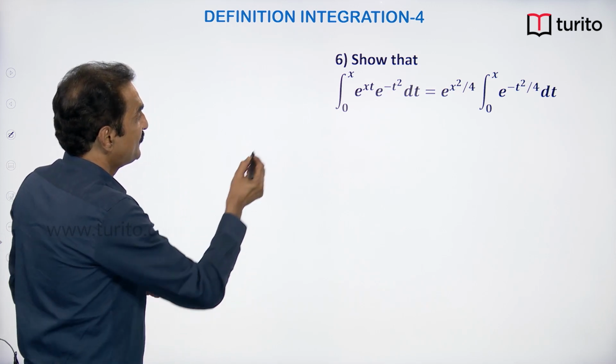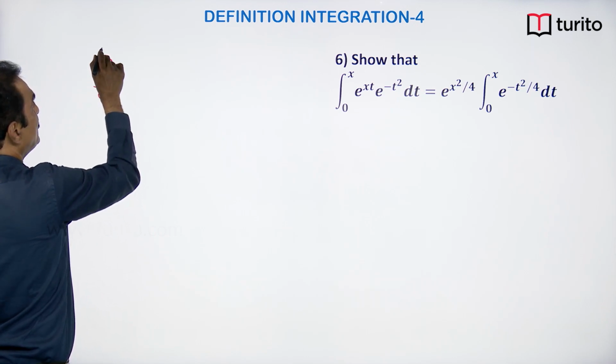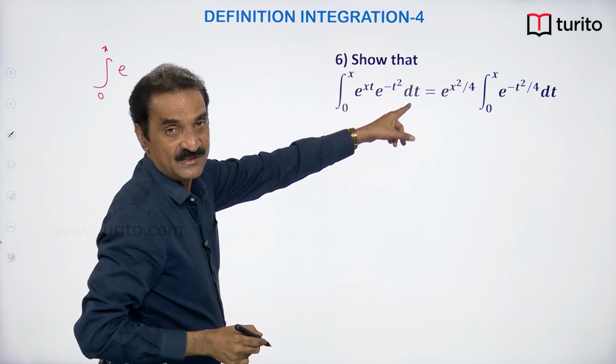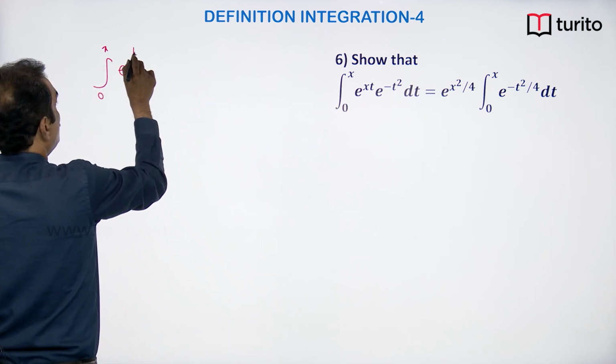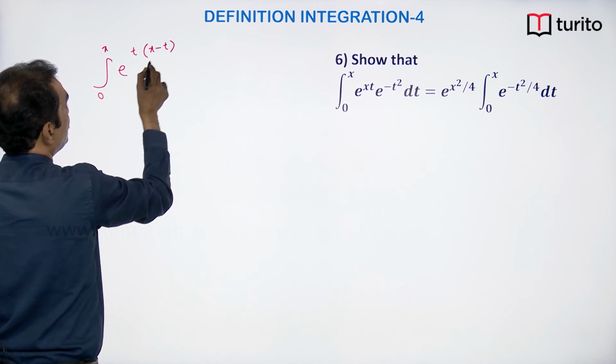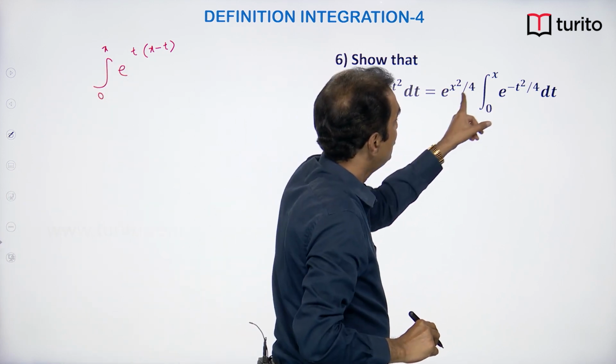Now in the rough work, if you look at the given integral, it is e power tx minus t square, that is t into x minus t, and it has to become, what is this?